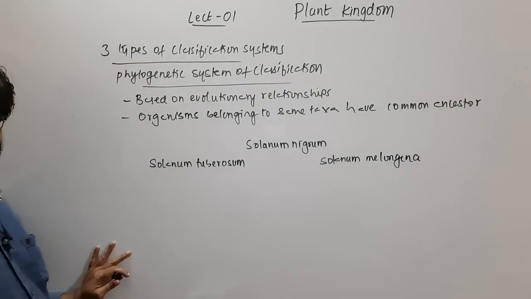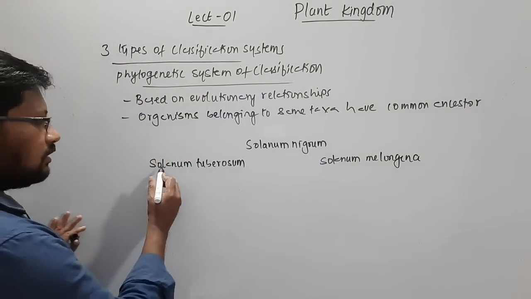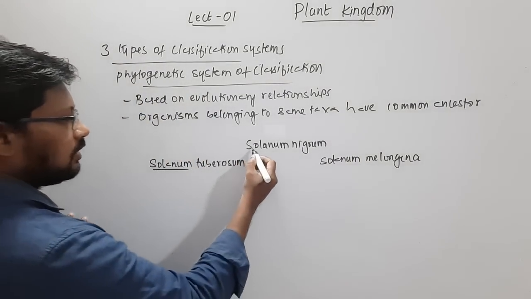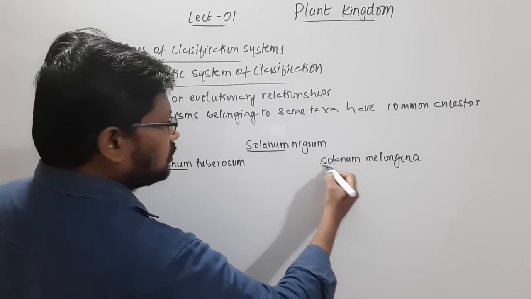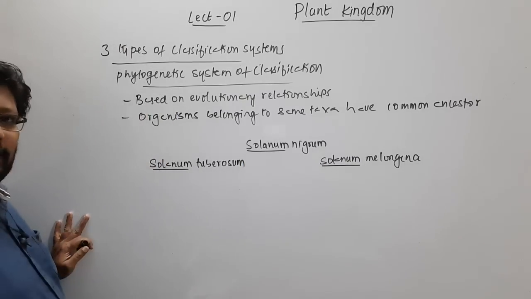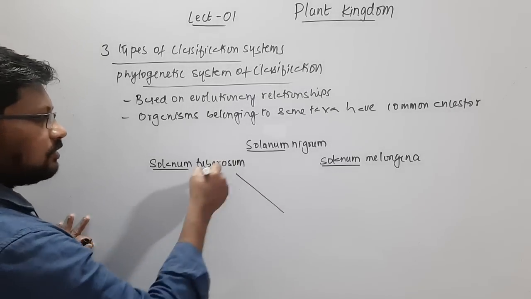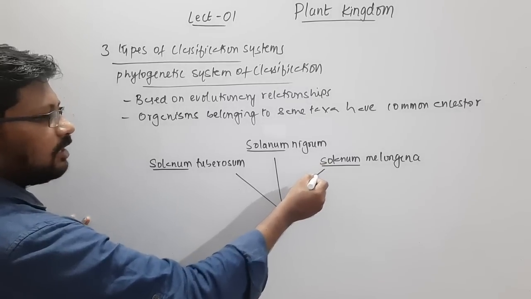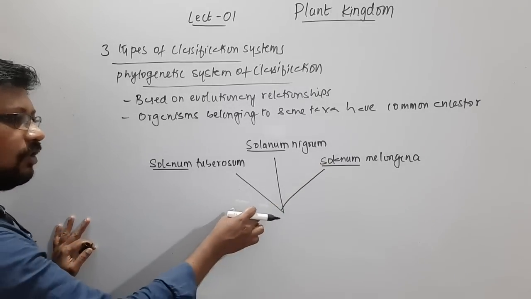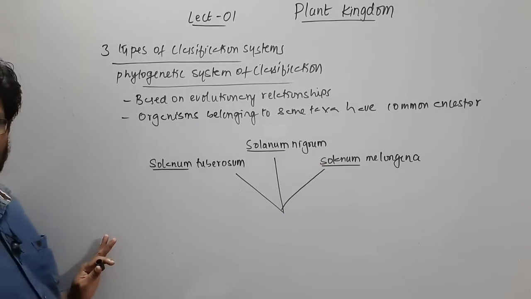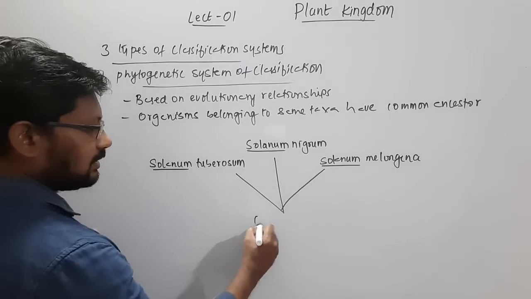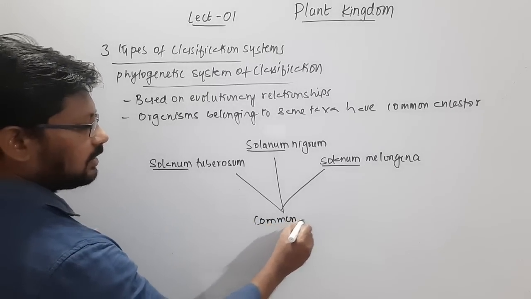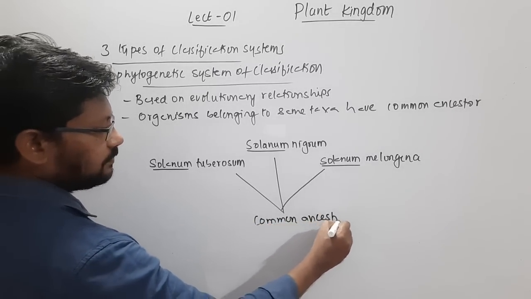These are three different species, and you can see they all belong to the genus Solanum. We believe that Solanum tuberosum, nigrum, and melongena evolved from one common organism. That is called the common ancestor.